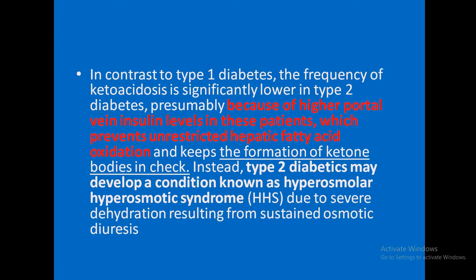So HHS has got a different mechanism. It is due to sustained osmotic diuresis, whereas ketoacidosis forms due to the deficiency of insulin and due to the increased oxidation in the liver.